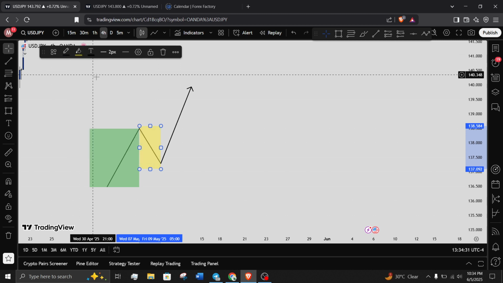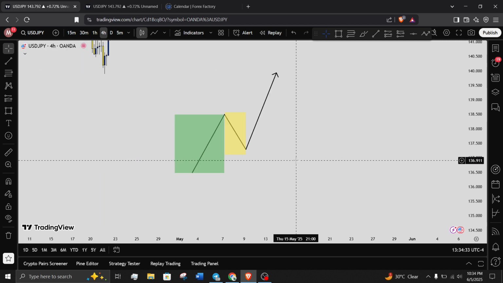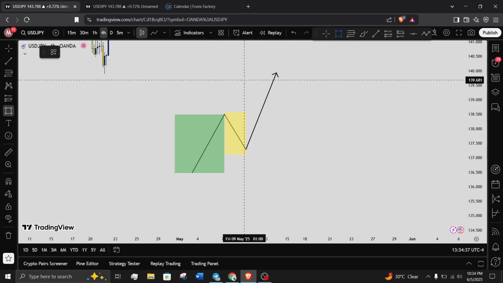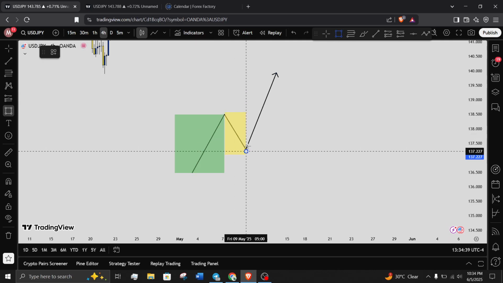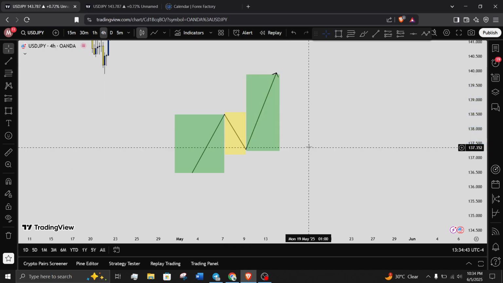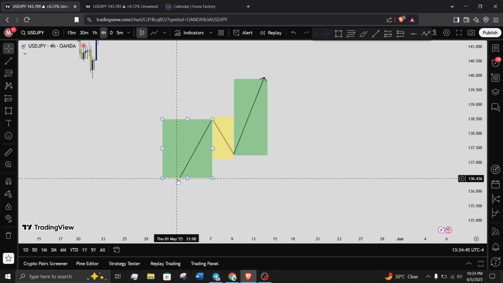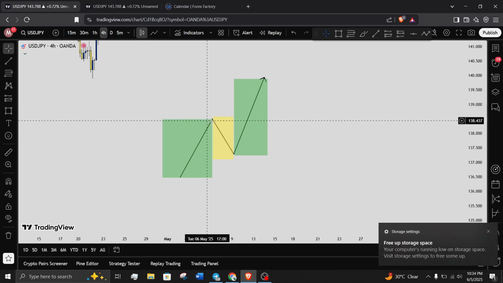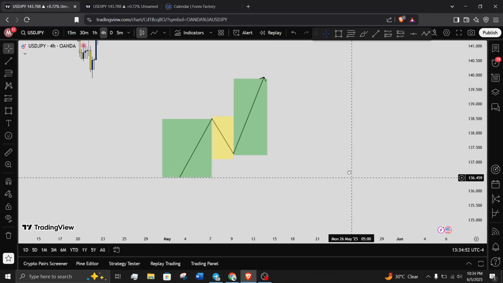Let's mark it in yellow. Impulsive moves are fast moves in the direction of the trend, such as this one and this one, while corrections are temporary pullbacks.